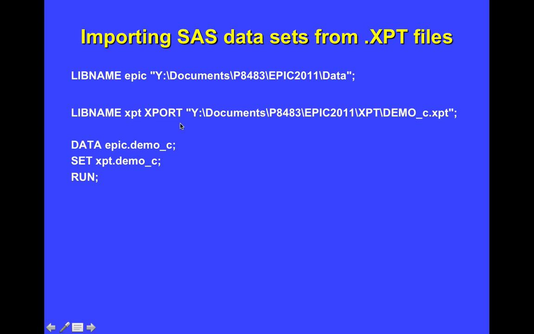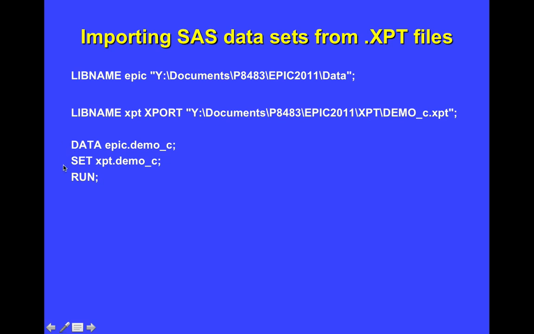And the other new piece of information is you have to specify the XPORT option. So the XPORT option is an actual SAS option, and you need to type it in just like this. It tells SAS that this data library should invoke the export engine. After you've specified the location where you want to save the new SAS data set, the specific file of the export file, where you want to extract the SAS data set, then you can simply run a data step.